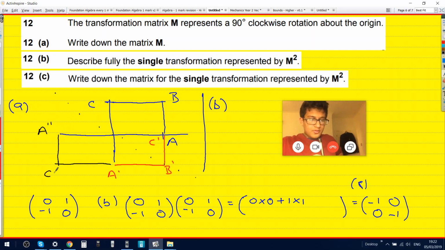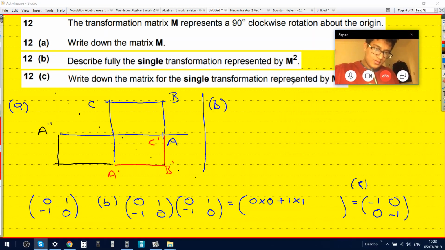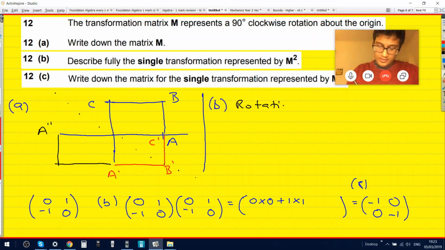So that would just be a rotation by 270 degrees clockwise. Sorry, 180 degrees. Yes. And you have to say about a point of rotation. So rotate 180 degrees about the origin. Yeah. That's it.